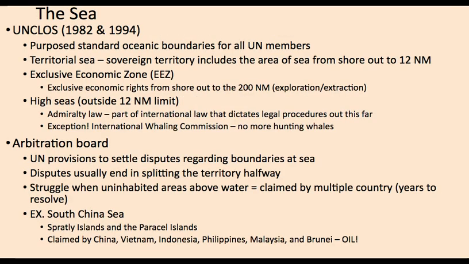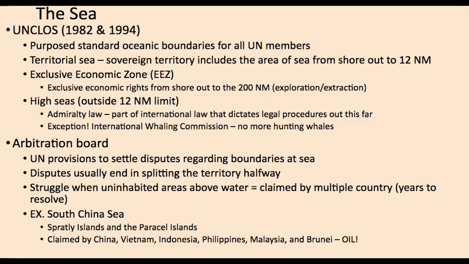Some more detail on the sea. Okay, I know I'm going to get questions about this, I'm sure. So again, the law of the sea, right? The United Nations Committee of the Law of the Sea is what that fancy little acronym is all about. Passed first in 82 and updated in 94. It proposed standard oceanic boundaries for all UN members. This only applies to countries that are part of the UN. Almost every country of the world is part of the UN.